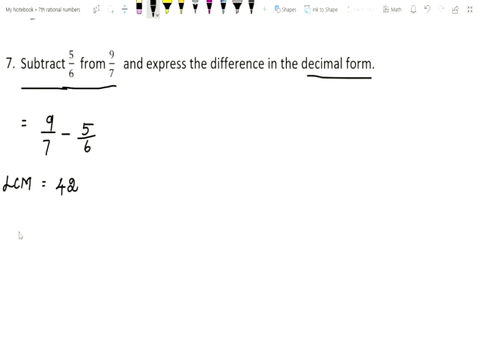Now you convert this. So the common denominator is 42. See the first term, the denominator is 7, so you multiply with 6. Second term, the denominator is 6, so multiply with 7. So 9 times 6 is 54, minus 5 times 7 is 35.